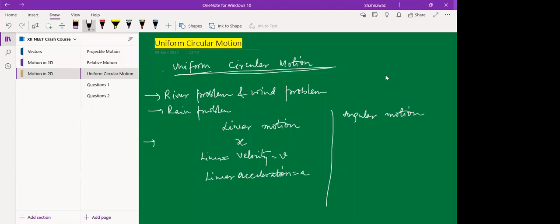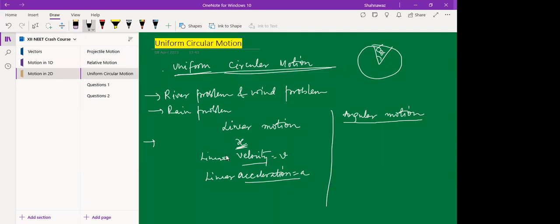Now, when you move in a circular path or you rotate with some angle, that is called the rotational motion or the circular motion. So in your angular motion, you have a different distance, displacement, velocity, and acceleration.